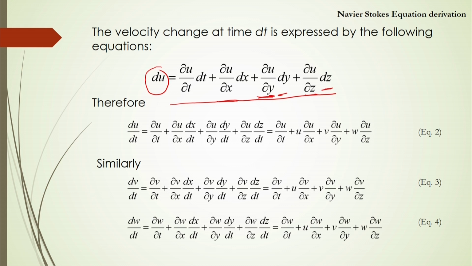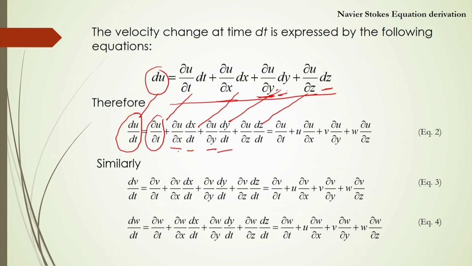Now, if we divide both sides by dt, then we get du/dt equal to ∂u/∂t plus ∂u/∂x into dx/dt, and ∂u/∂y into dy/dt, and so on for each term.